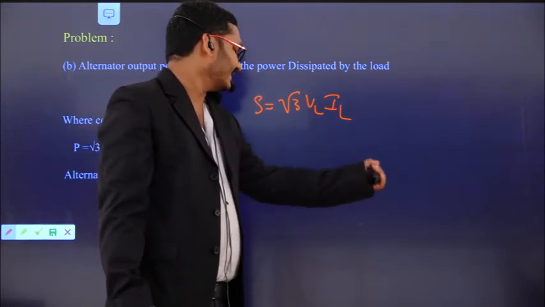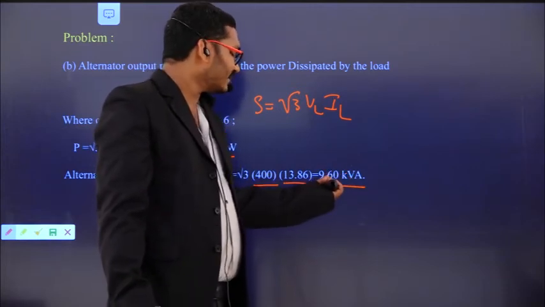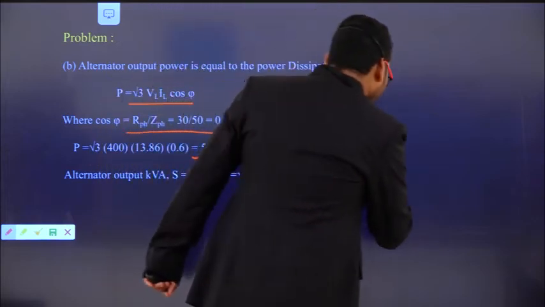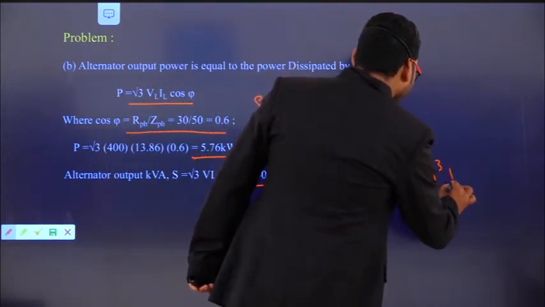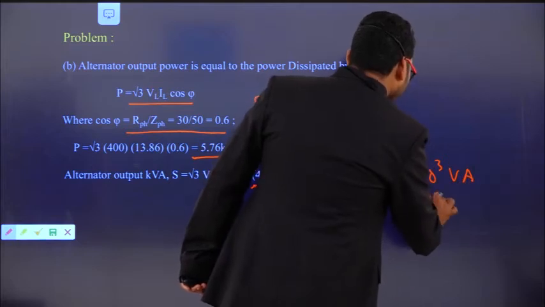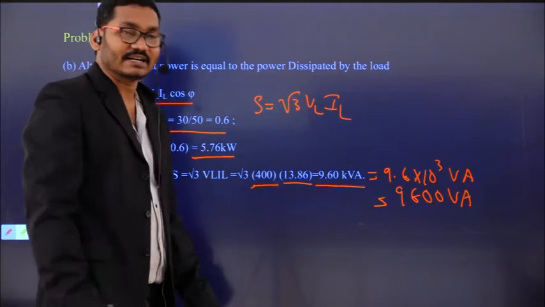That is 9600 VA, the volt-ampere rating of the alternator.